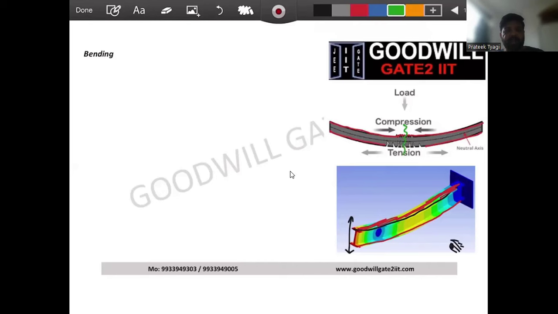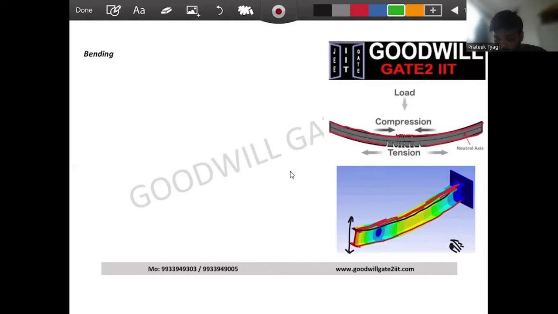Now, what I'm trying to explain here is that when you bend a beam, stresses known as bending stresses are generated. These bending stresses are nothing but normal stresses which act perpendicular to the cross section. Now, visualize this in layman terms.